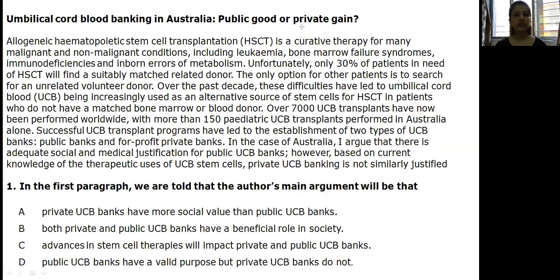So the writer would indirectly give his or her opinion. Now look at the answer choices and find out which answer choice gives the writer's opinion in terms of in favor of public banks and against private banks. And because you have the word however, you must have two opposite ideas there.